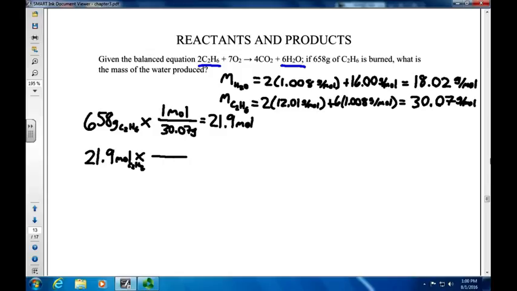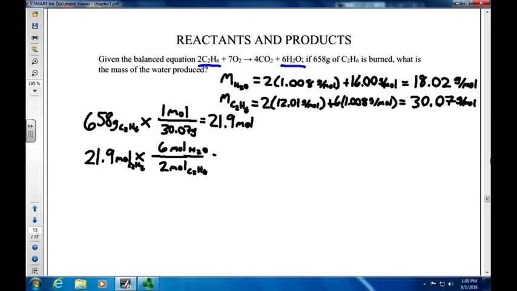We put the number of moles of ethane in the balanced equation at the bottom of this division, so 2 moles ethane, and on the top we'll put the number of moles of water, so 6 moles of H2O.